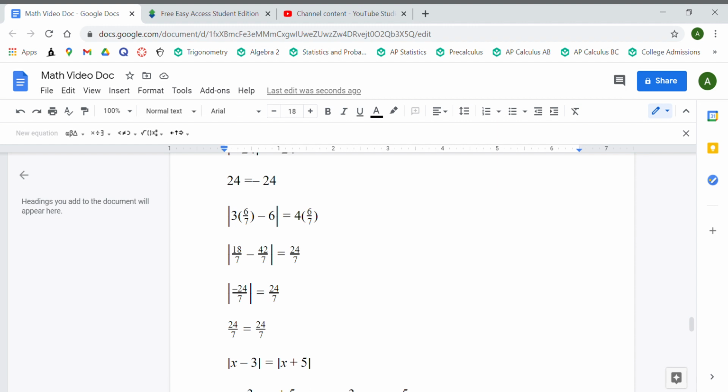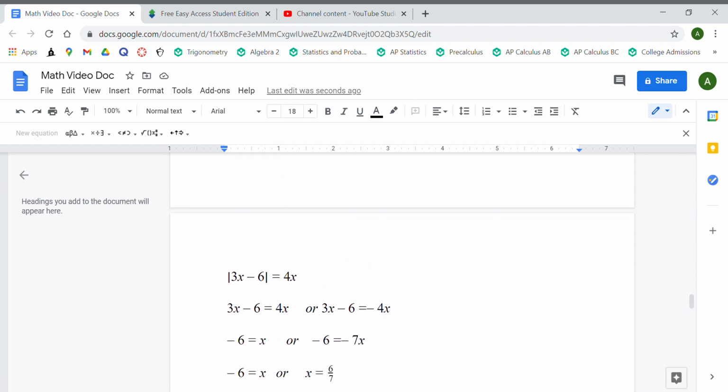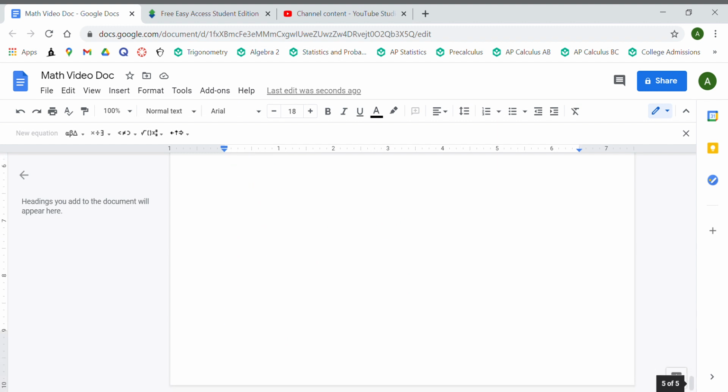And remember to always check your work when you have variables on both sides, but if there's only one absolute value. So if you feel like you need to take note of that, please rewind the video and copy everything I say. That's literally all I'm asking you to do.